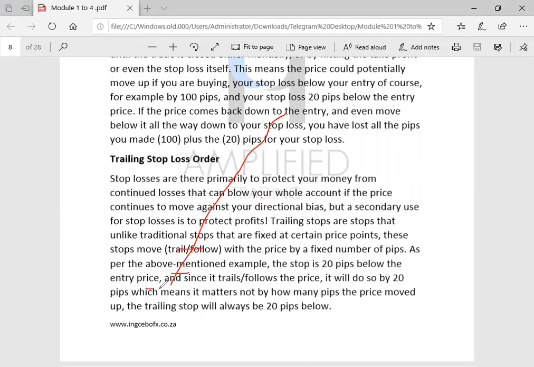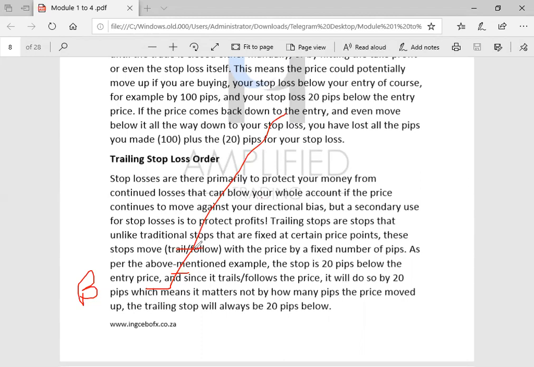Let's say this was your entry, this was your buy, let's put a B just to avoid any confusion, and the market is moving up in your direction. Okay, now a trailing stop is an automatic stop which you can place on your platform as long as your MT4 is open. So it's much easier if you're doing it on a VPS, but you can do it under any normal circumstances.